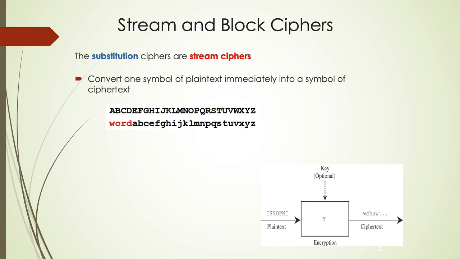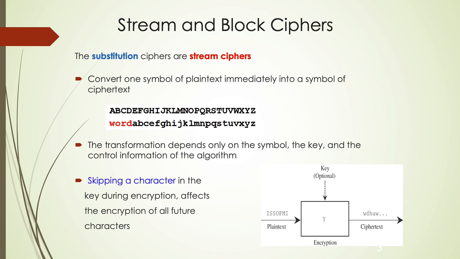The transformation only depends on the symbol, the key, and the control information of the algorithm. So, for example, you could skip a character in the key during encryption, and it affects all future characters. So that's what I mean about control information of the algorithm.